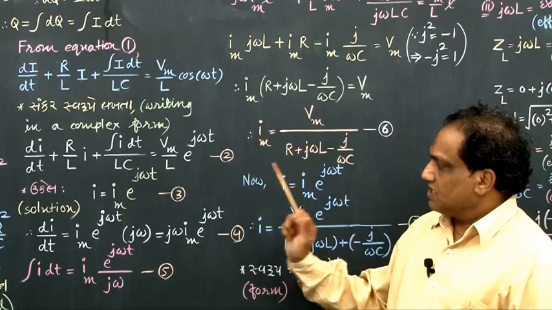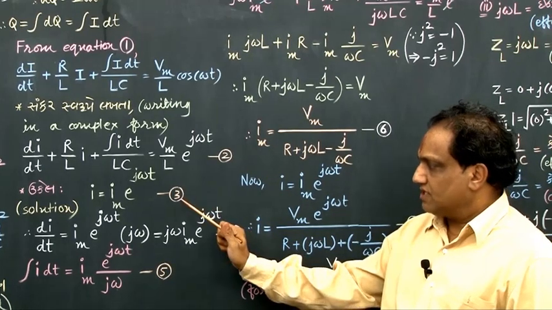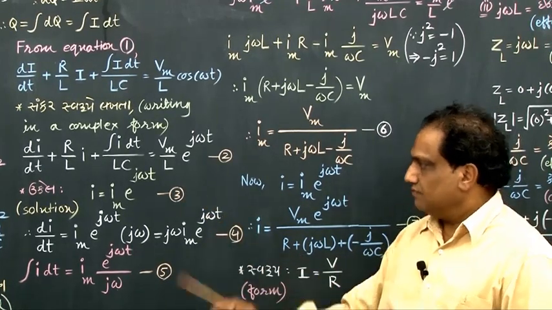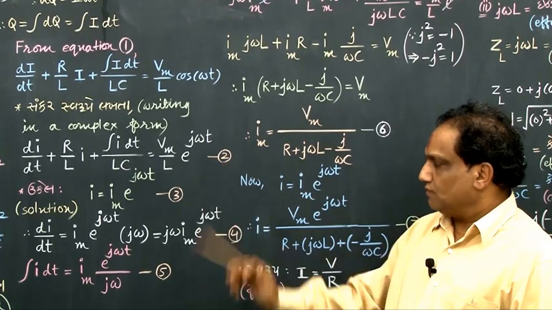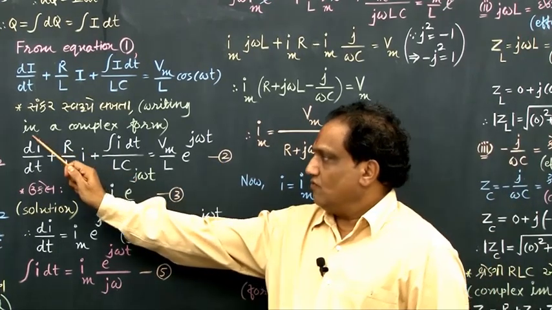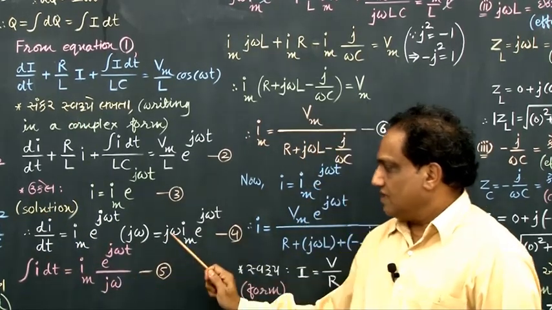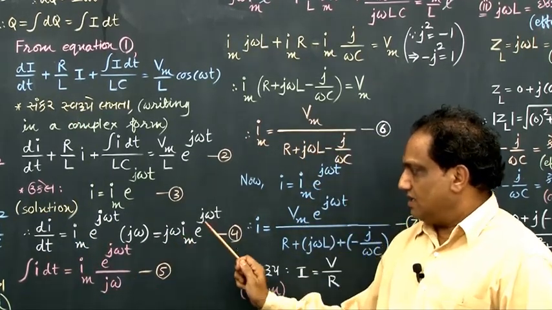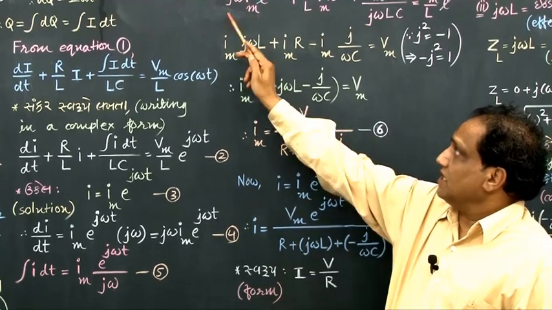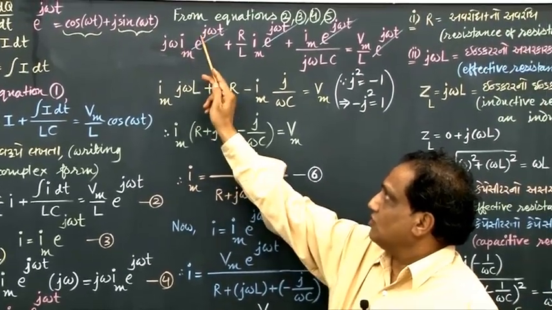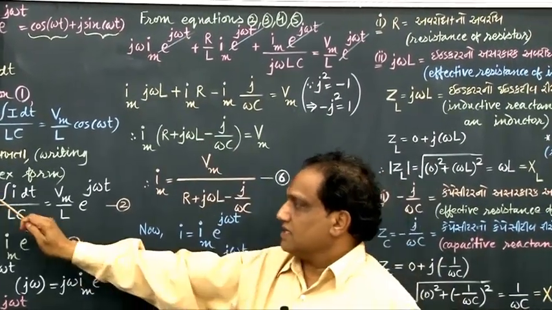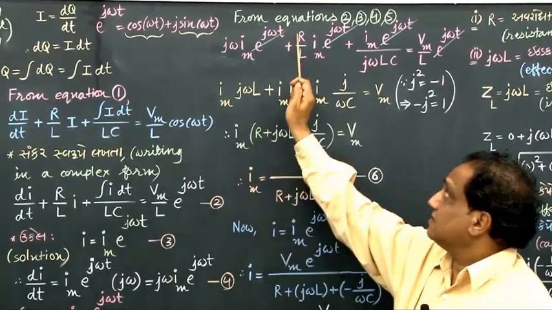And now substitute the values from equations 3, 4 and 5 into equation number 2. Start from here. What is di by dt? Di by dt is j omega Im e raised to j omega t, plus R upon L as it is.